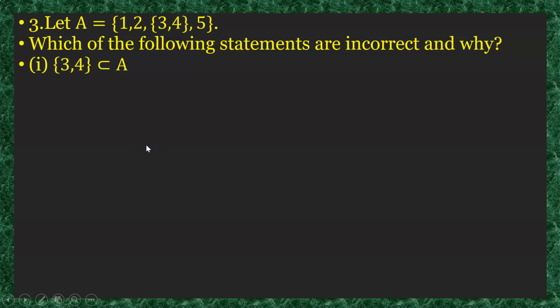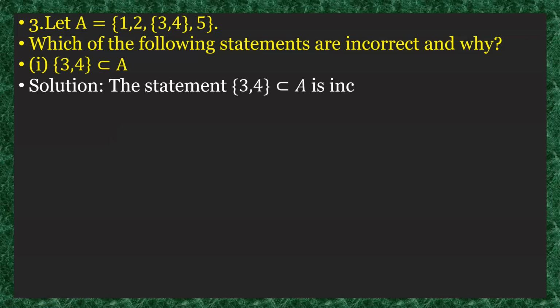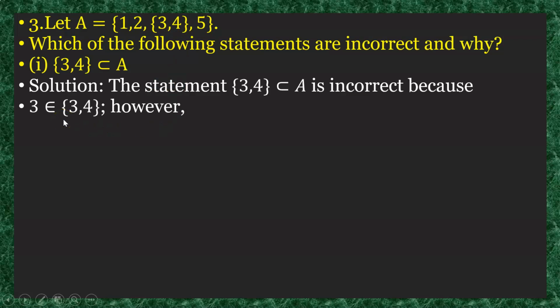The first is {3, 4} is a subset of A. The statement {3, 4} is a subset of A is incorrect. An element cannot be a subset. {3, 4} is an element. 3 belongs to {3, 4}. However, 3 does not belong to A.